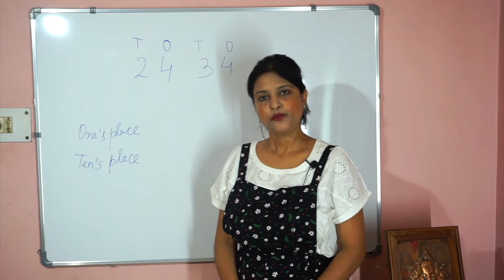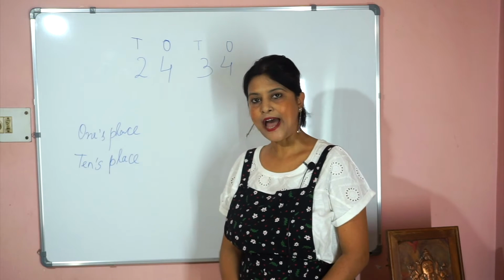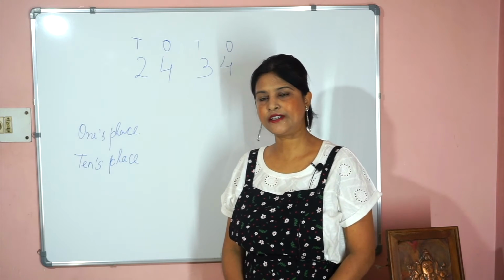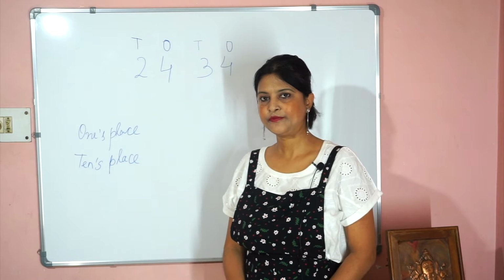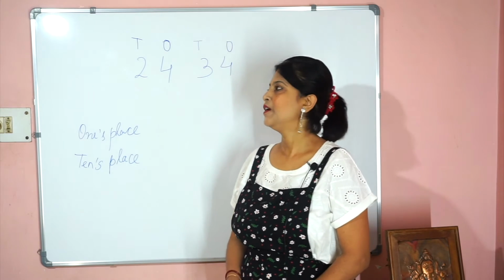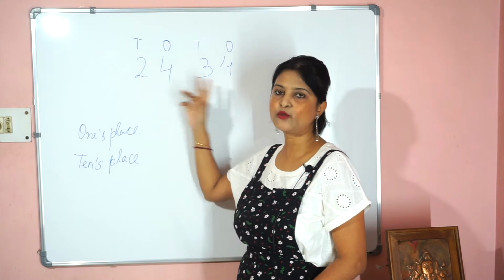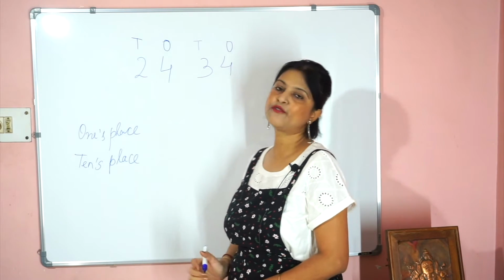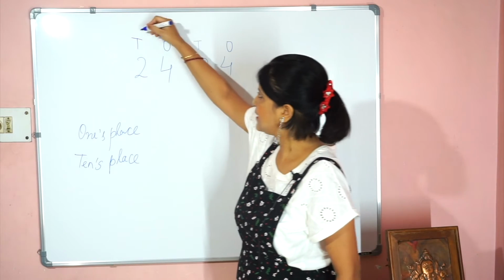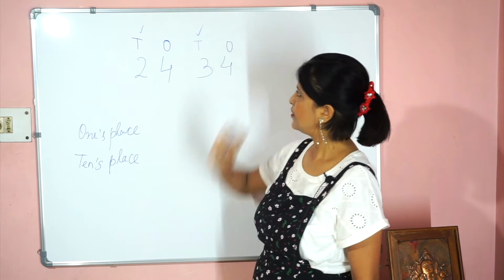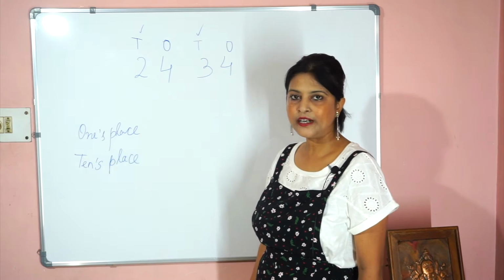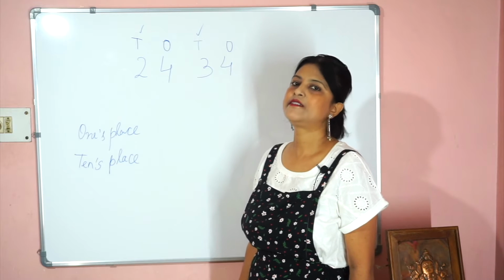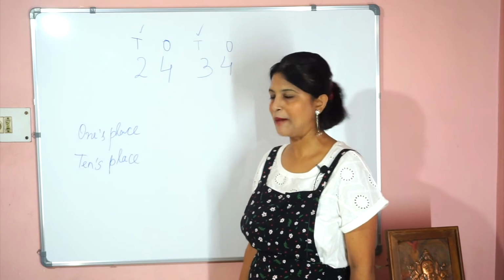First of all, we should remember that a 2 digit number is always greater than a single digit number. Secondly, when we are comparing 2 numbers with 2 digits, we have to first of all check the tens place. The number with the greater digit in the tens place is the greater of the two numbers.